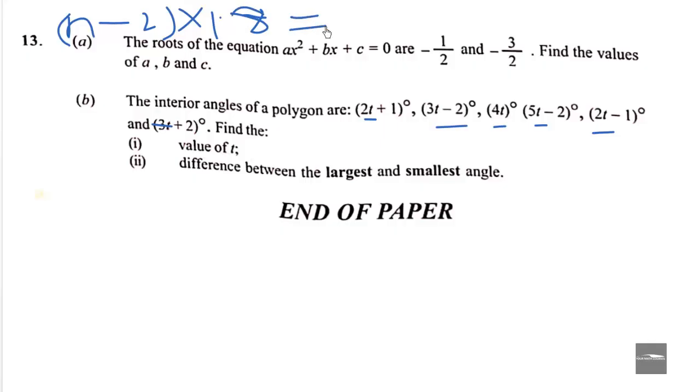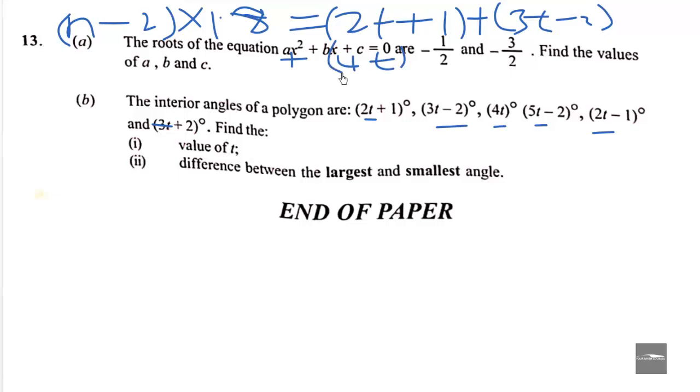And that will give us the sum of all these angles here, which is 2t plus 1. Then you add it to 3t minus 2. Then you add it to 4t. Then you add it to 5t minus 2.